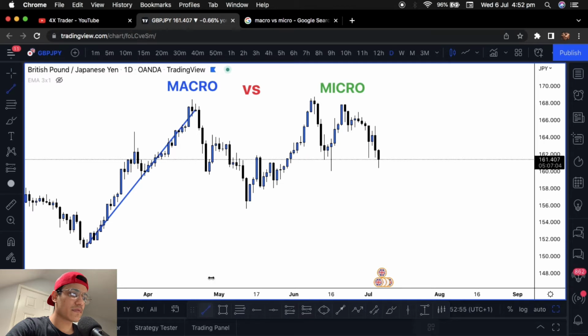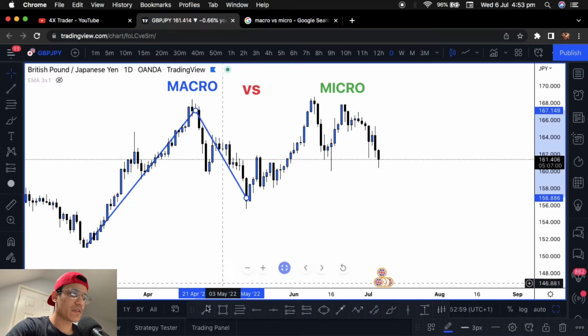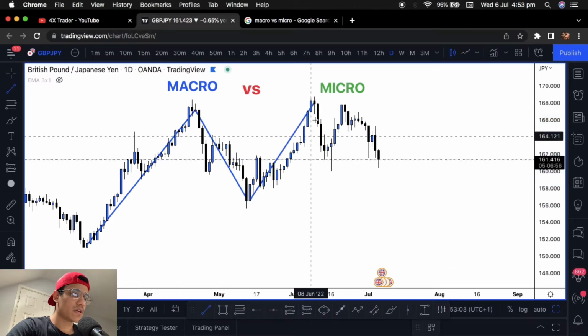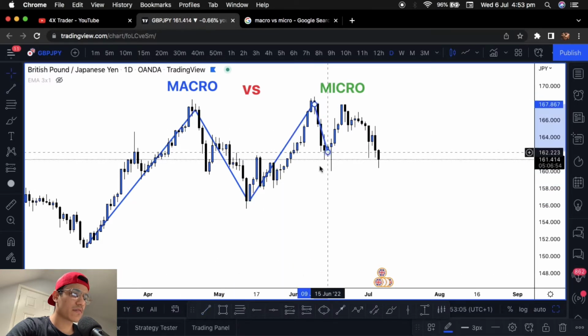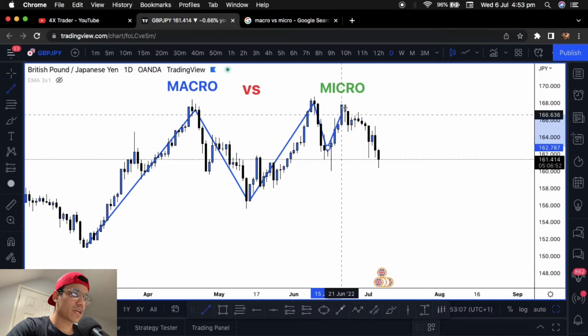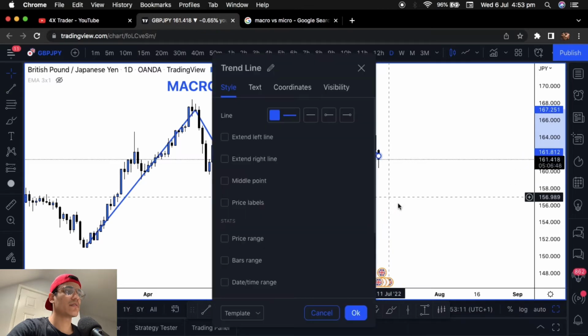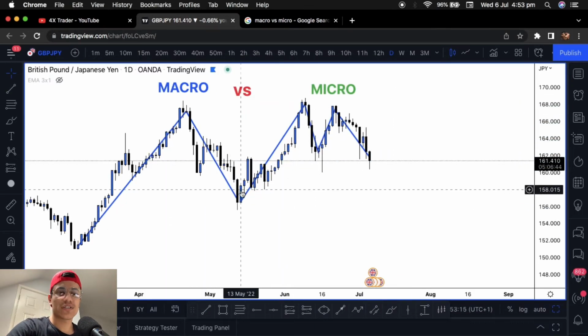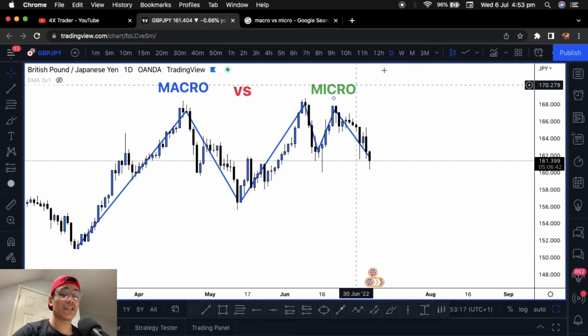This is also macro. This is also macro. This is also macro. And this is also macro. Right? Boom. Now look at that. We have macro market structure, the higher time frame. We're on the daily.